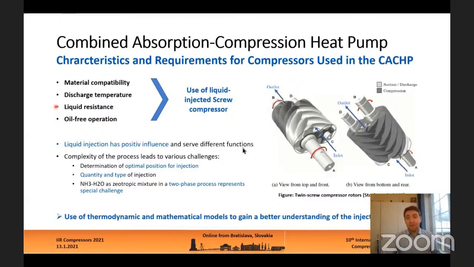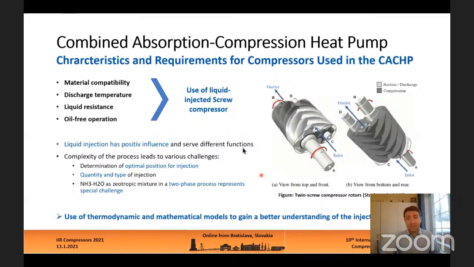We need some kind of liquid resistance, because we always have water content in the ammonia, and it is possible that it will condense. On the other side, since we want to go to liquid injection, we will definitely have liquid content. The last one is that oil-free operation is desired so that we can remove the oil from the system. All of this leads us to the use of liquid injected screw compressors.